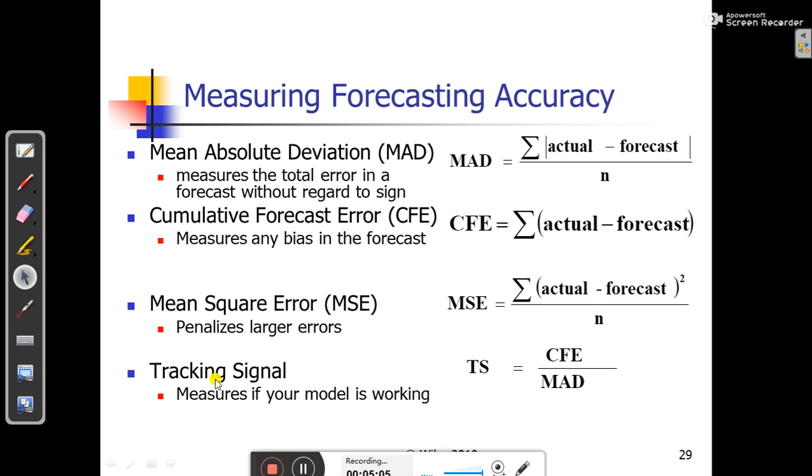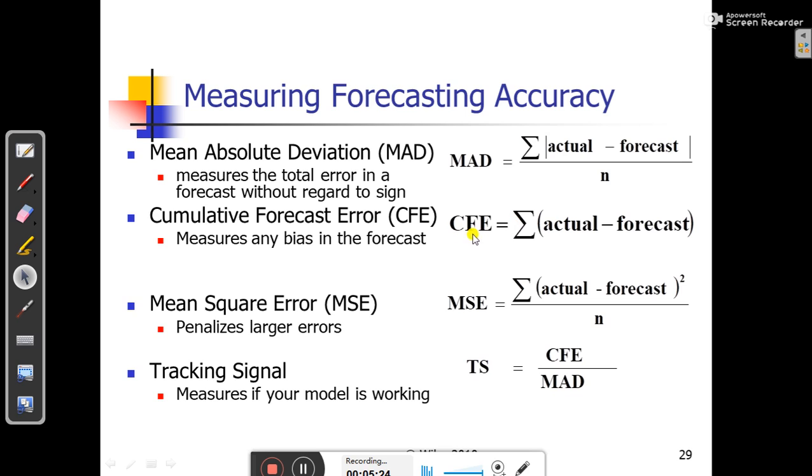Again, tracking signal measures if your model is working, so that can be a very good measure. Tracking signal, TS, equals CFE divided by MAD.